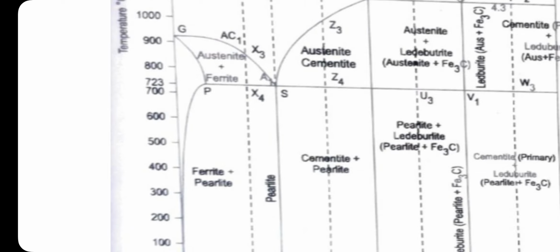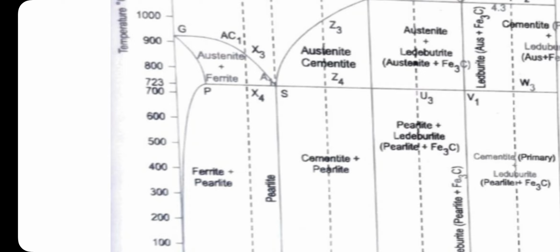And you can see different kinds of microstructures: austenite, ferrite, pearlite, cementite, ledeburite, and all the microstructures on the iron carbide equilibrium diagram. We have to plot the 3 invariant reactions as well as the microstructures on the diagram.